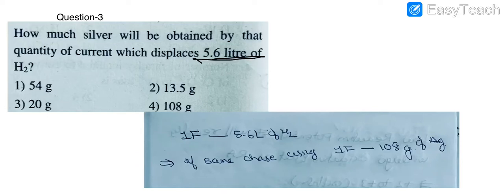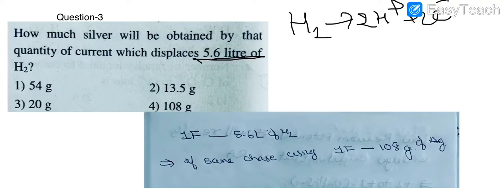Generally, here H2 is converted into 2H+. During this process 2 electrons are involved. So 2 electrons means how much charge is involved? Charge involved is 2 Faradays, for 1 mole 2 Faradays. Then how many moles do we have?